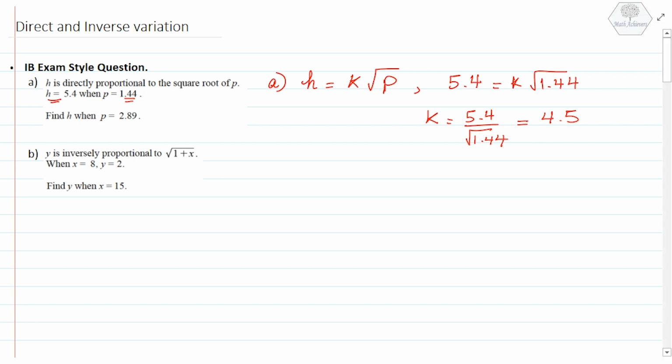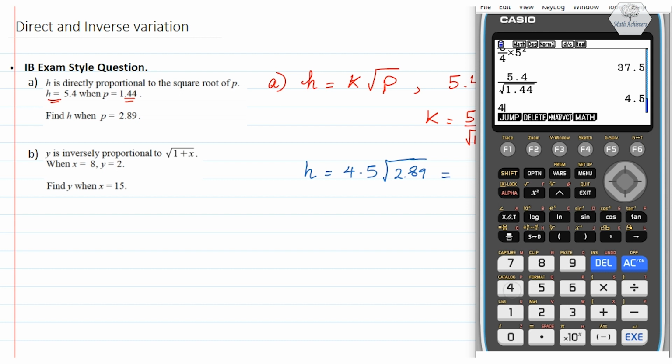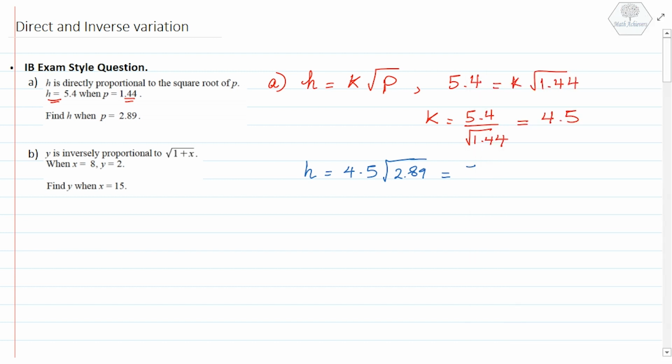So now H is equal to 4.5 times the square root of 2.89, having H to be equal to 4.5 multiplied by the square root of 2.89, and this is equal to 7.65.